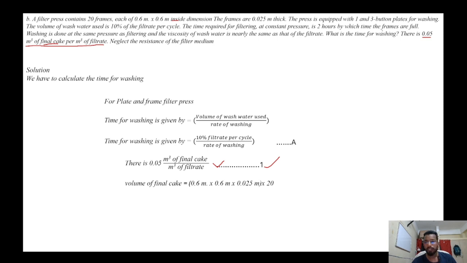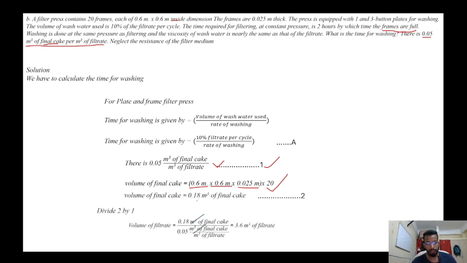Mark this value as 1. Since the frames are full of cake, the volume of the final cake is 0.6 into 0.6 into 0.025 into 20 frames, so 0.18 meter cube of final cake. Dividing this by value 1, we get 3.6 meter cube of the filtrate.